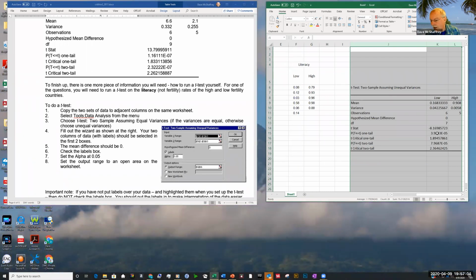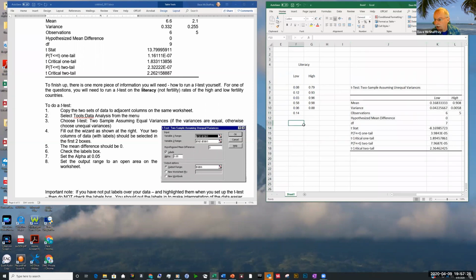So we reject the hypothesis that the means are the same. Our chance of being wrong is 3.9 times 10 to the minus 5th. That's well less than 0.05, which is 5 times 10 to the minus 2. So we've got a very small probability, and we would expect that we've got a significant difference. So that's how we do the literacy.